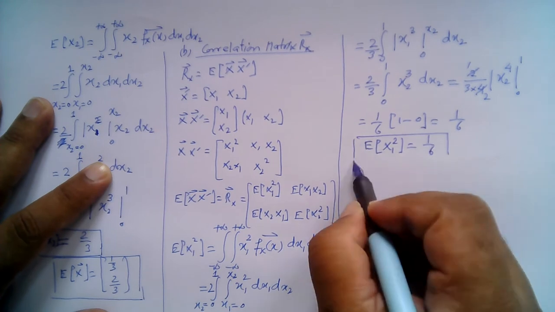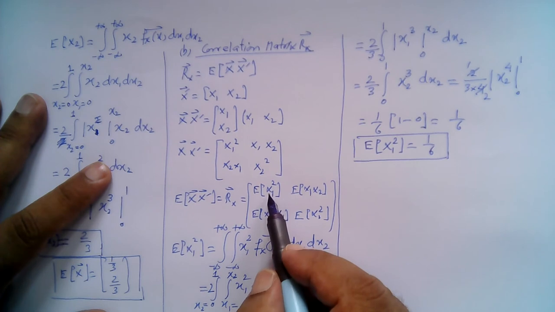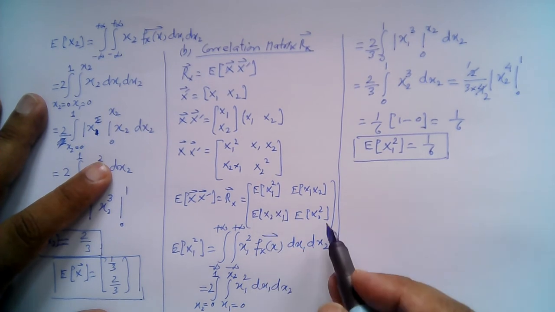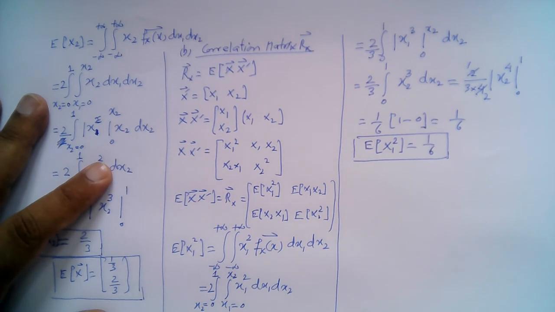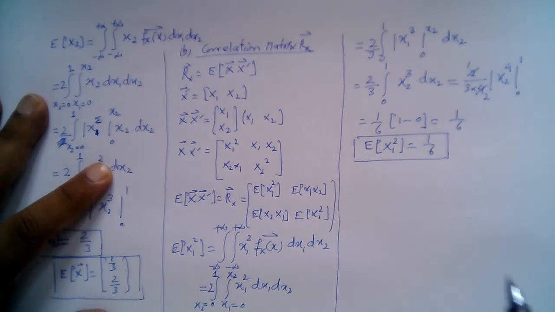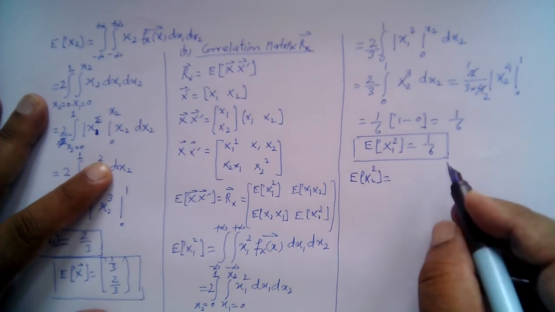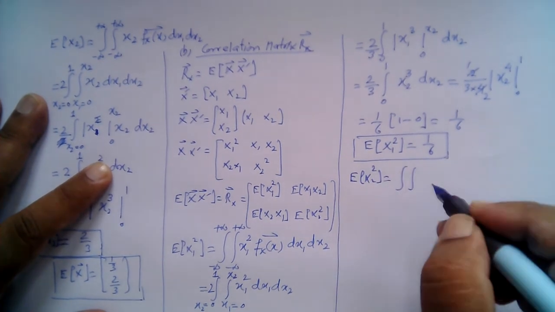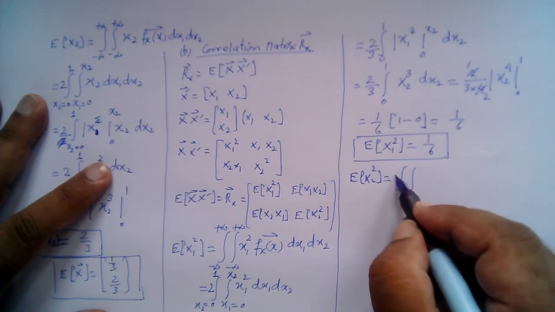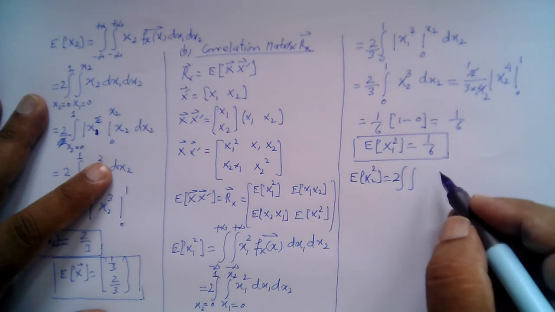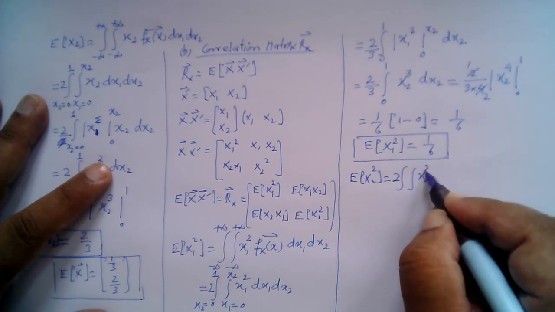This is the first entry of this correlation matrix, right? So let us find this expected value of x2 square also. The expected value of x2 square is given by this double integral. Again, we can write the value of the PDF, which is a constant 2, and then x2 square here, right?